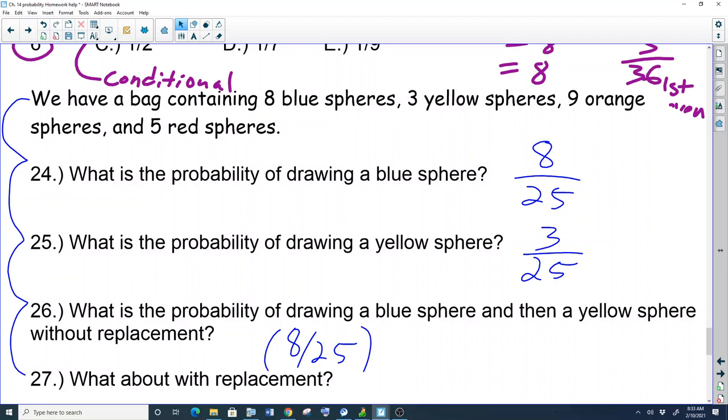And means what in probability? And means what? Multiply. Good job, Zegan. So, and then, what's the probability of getting a yellow sphere, knowing that first blue sphere is gone? Good. Everybody's awake now. Woo! 3 out of 24.